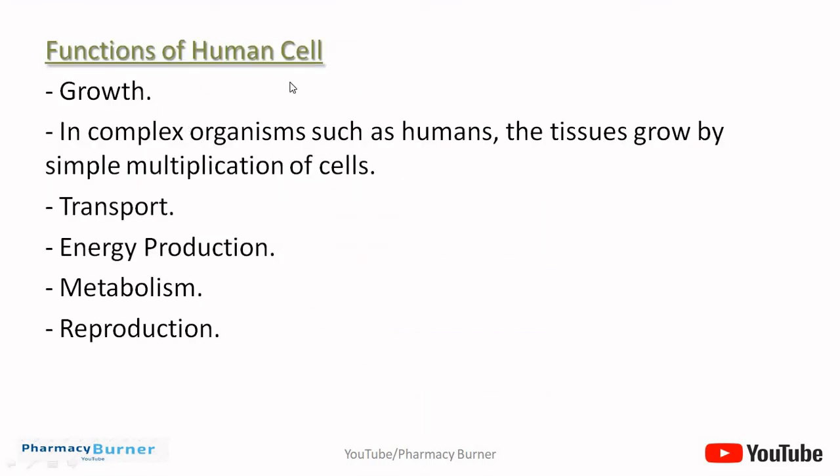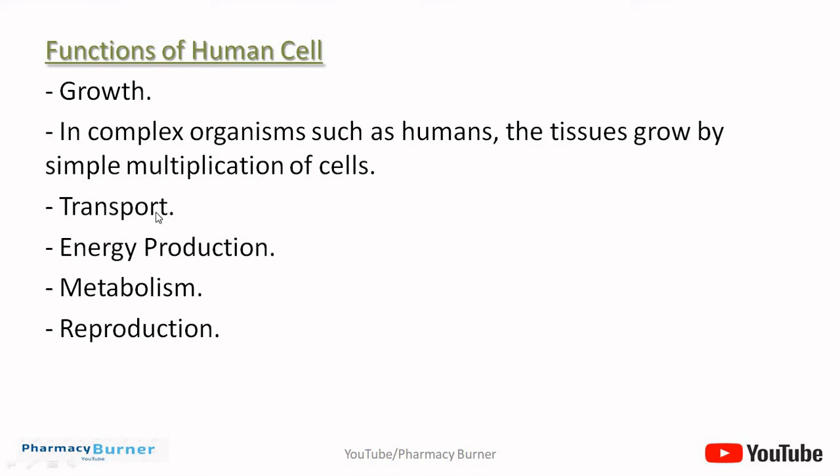The function of the human cell. So we discussed the cell is the functional structure and fundamental unit of the living organism. So it is normally responsible for growth. In complex organisms such as human, tissue grows by simple multiplication of cells. We also discussed this point earlier.